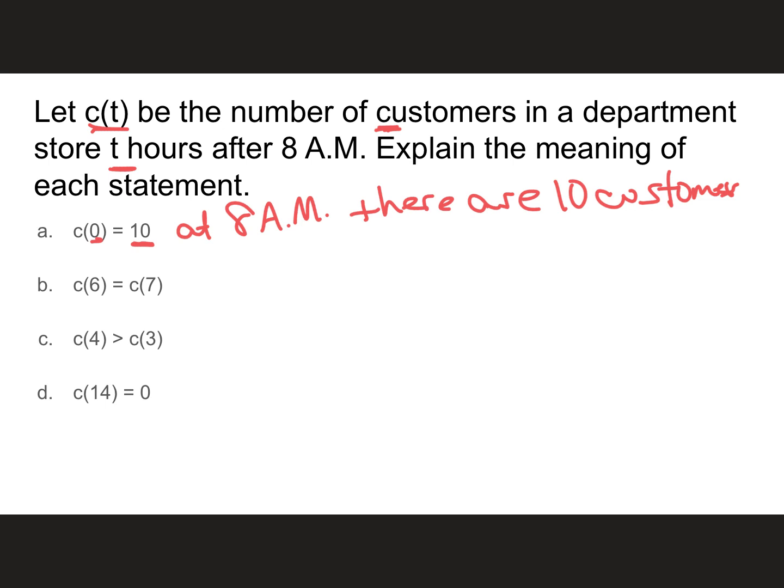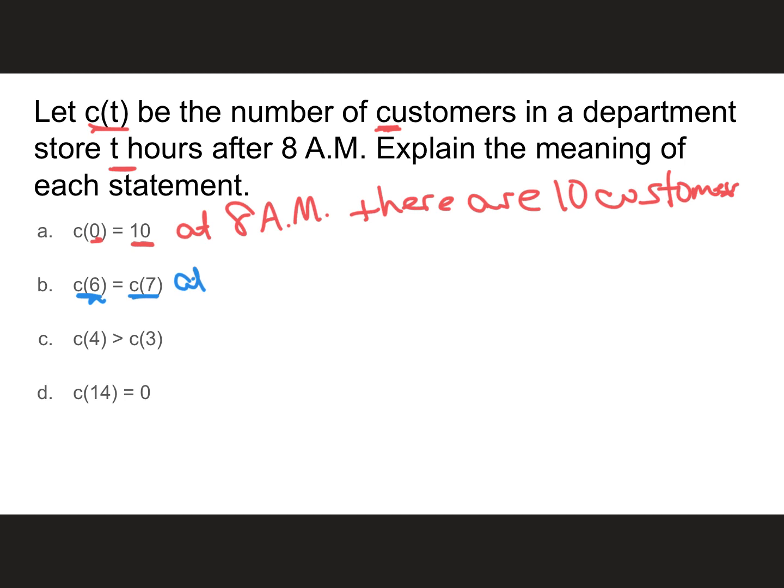Okay, so that was not too bad, right? So pause and see if you can answer the rest of these. Okay, hopefully you paused. C of 6 equals C of 7. So again, this is 6 hours after 8 a.m. So that's 9, 10, 11, 12, 1, 2.